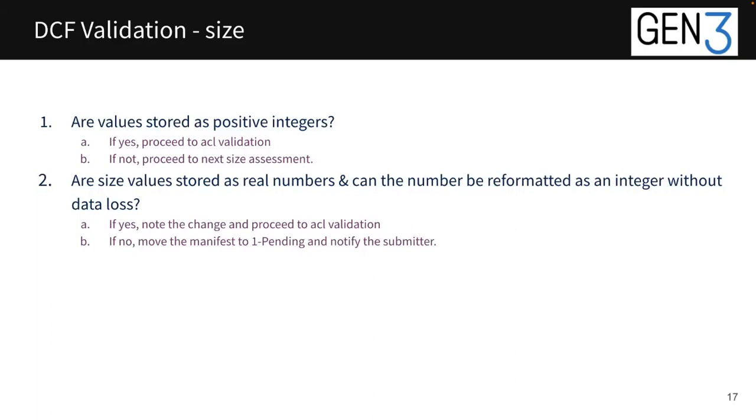Similarly, with really large sizes, it's not uncommon for Excel or Google Sheets to convert a number to scientific notation. In that case, we will just convert it to an integer, forced integer, and proceed. However, if there's any other case, we'll move the manifest to the pending folder and notify the submitter of our findings.